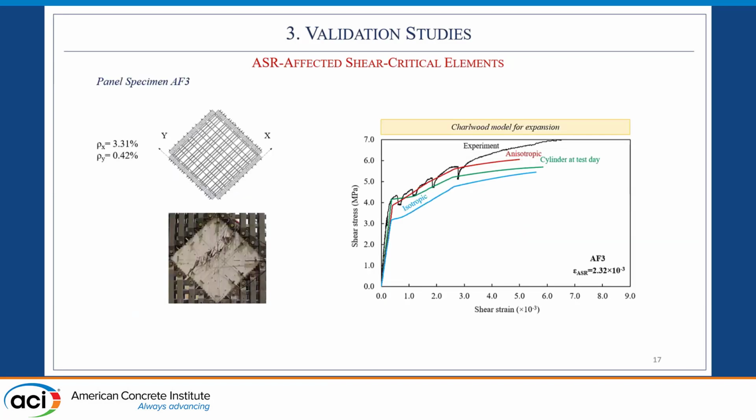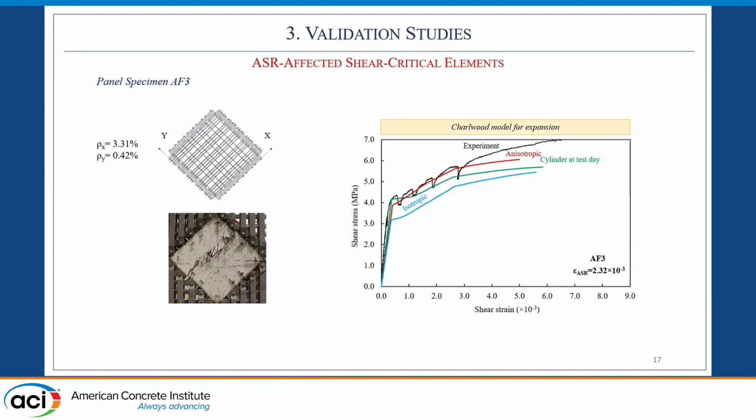We used various models for ASR expansion, but we're only going to discuss the results obtained with the Charlwood model today. This is for panel number 3, which had a 3.31% reinforcement ratio in the X direction and 0.42% in the Y direction. On the plot on the right, we can see the experimental results compared with the three different options for the concrete mechanical properties.